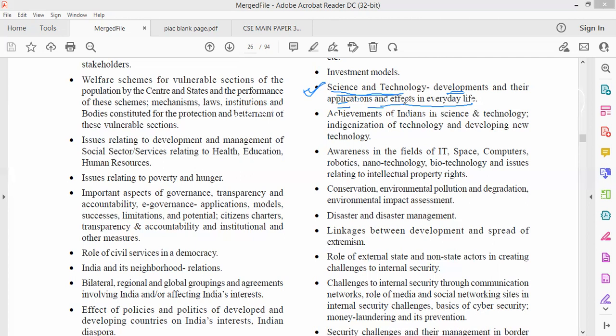Now that's why it is called science and technology, and this is important. So this topic talks about this subject: development, how it has been started, what the developments are, right from the initial stage till the current. Previously I gave you the example of biotechnology. So how biology has evolved into a biotechnological field.